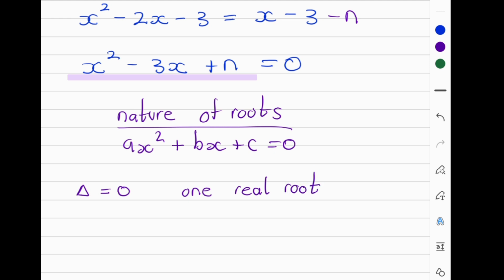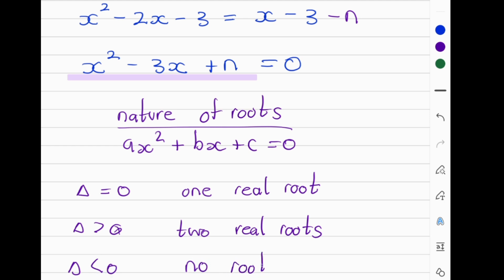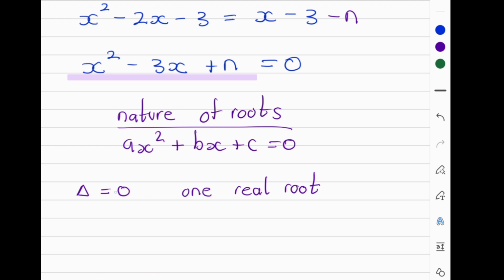Remember that a tangent is a line that only touches the graph once, so that would be similar to having one real root. If my discriminant was greater than 0, I would have two real roots. If my discriminant was less than 0, I would have no roots. But at this point, we are only focusing on our discriminant being equal to 0.